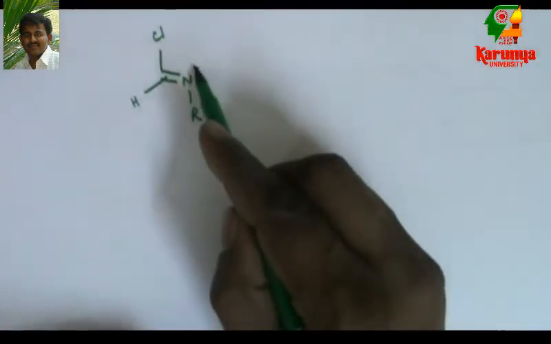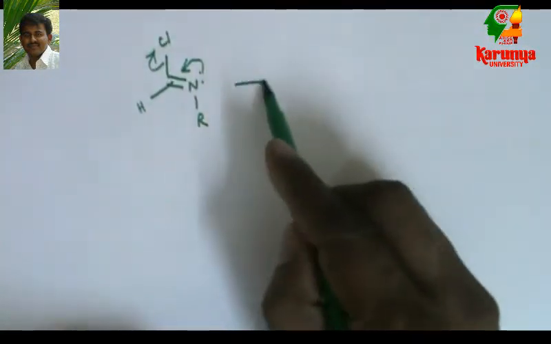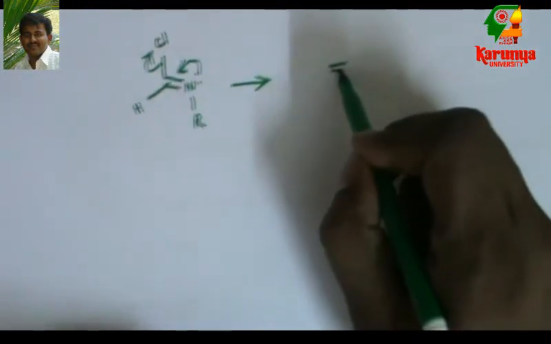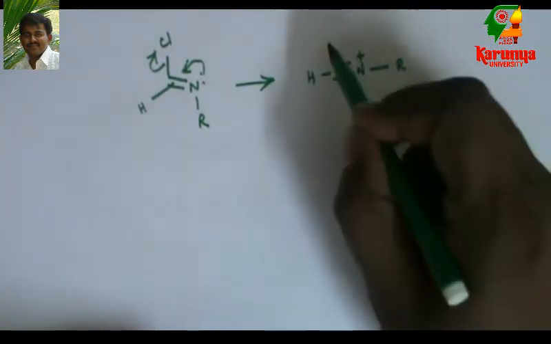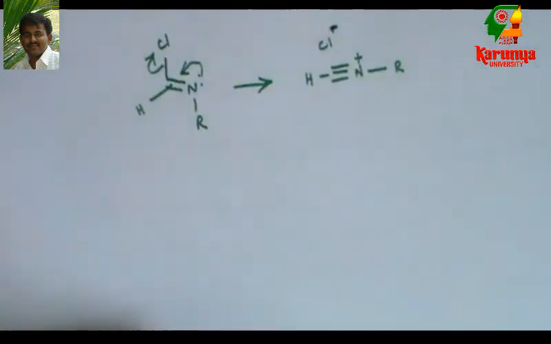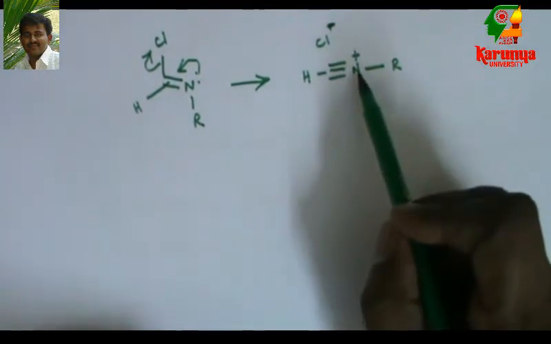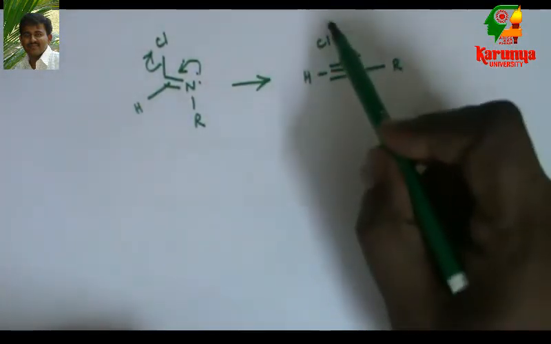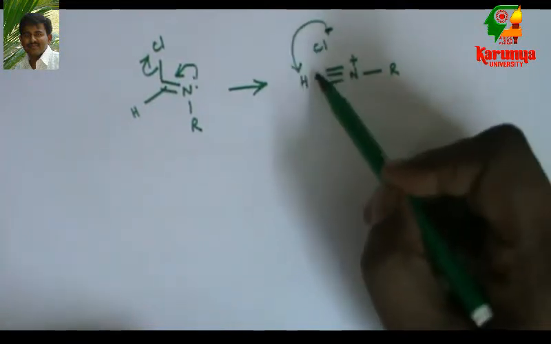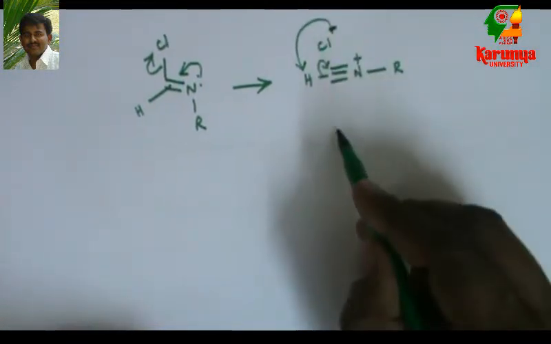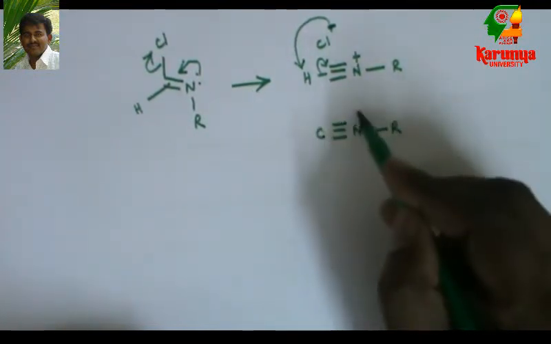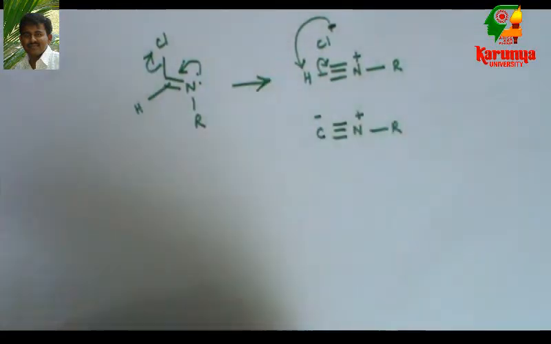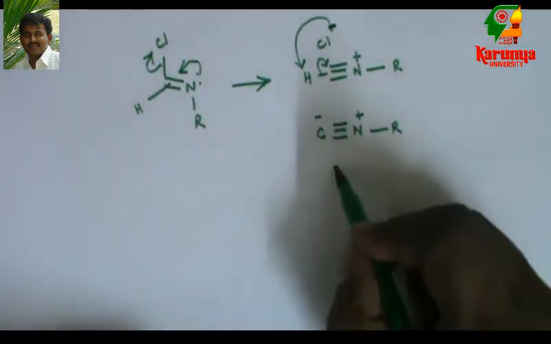Now, this lone pair eliminates Cl to give an intermediate like this. So there is a positive charge on nitrogen. This Cl minus takes this, and what we get is isocyanide. There is a plus charge on nitrogen and a minus charge on carbon. So this is isocyanide.